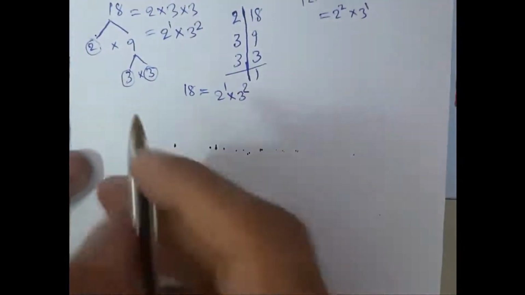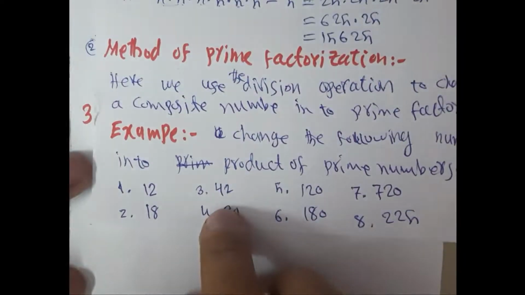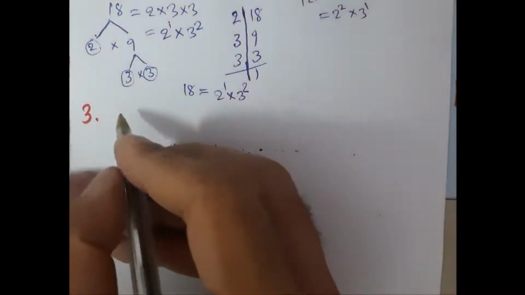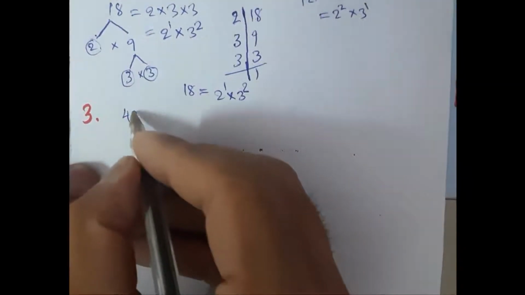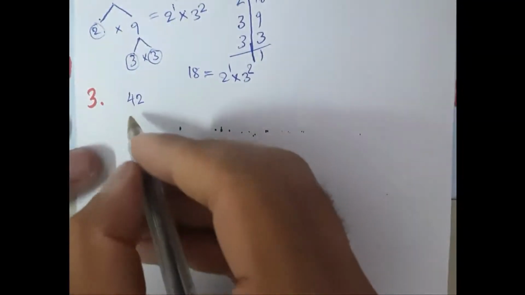Number 3. Question 3, we had 42. We want to find the prime factors of 42.